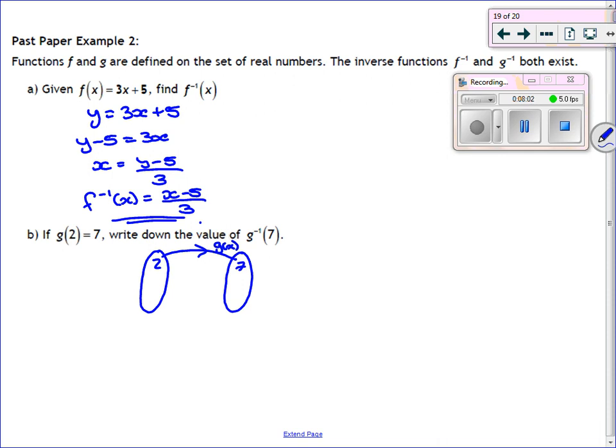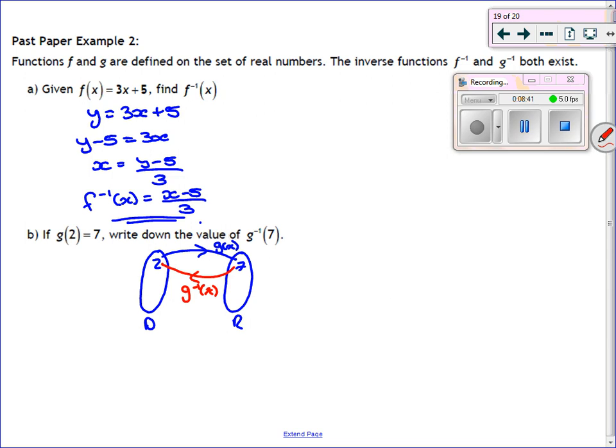So remember, g to the minus 1 is the inverse function, and the inverse function is just the reverse process of the original function. So going back the way, if g of x goes from the domain D to the range R, then the inverse function goes back the way from the range R to the domain D. So if I put 7 into the inverse function, it takes us all the way back to 2.